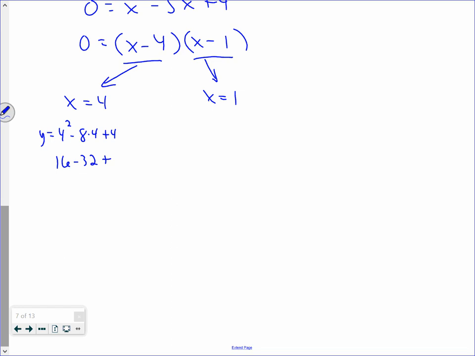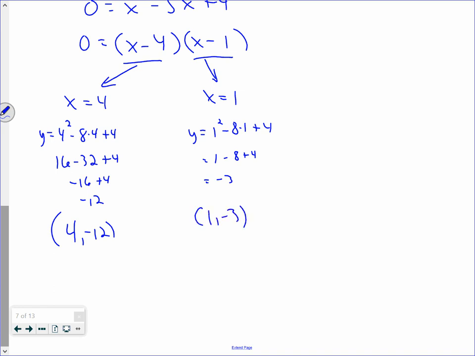You are certainly expected to be able to do this level of arithmetic without your calculator. There's the first point, 4 comma -12, and 1's always a little bit easier to deal with. And there are my 2 points. Practice as much as you can without using your calculator.